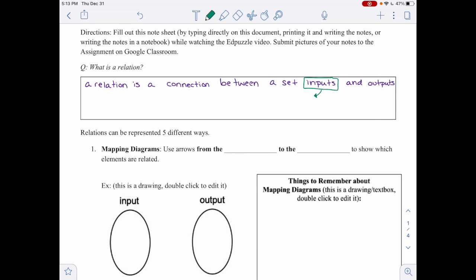The input is normally something we choose. And the outputs are the result of that input.